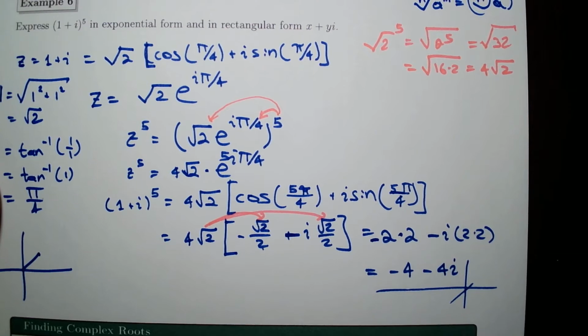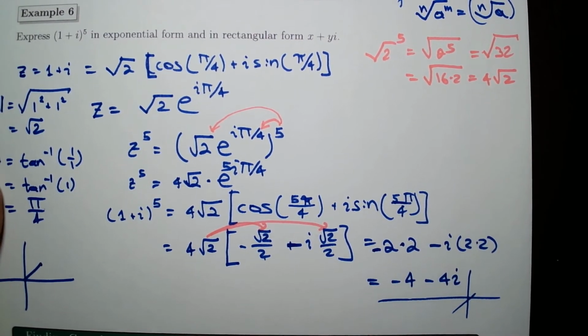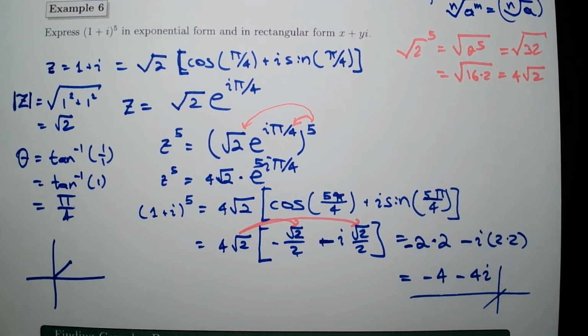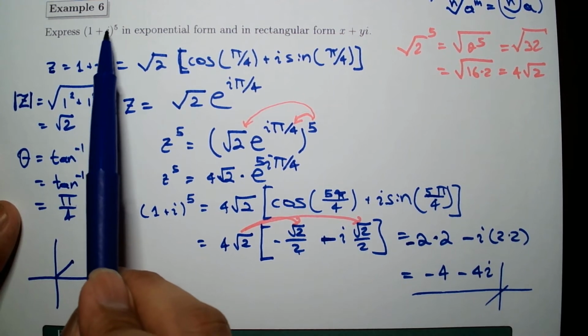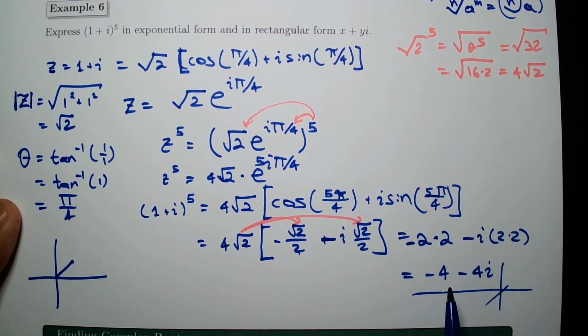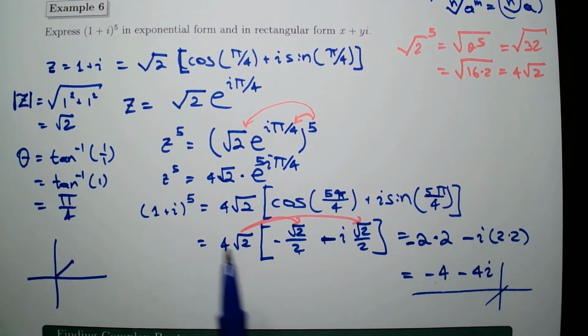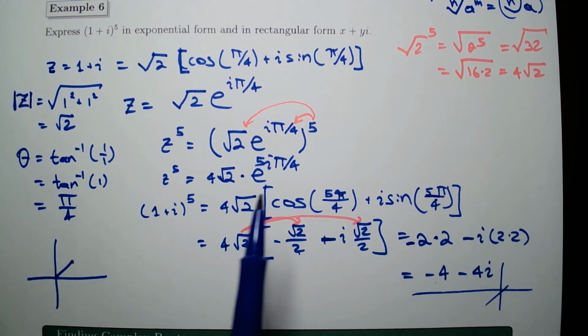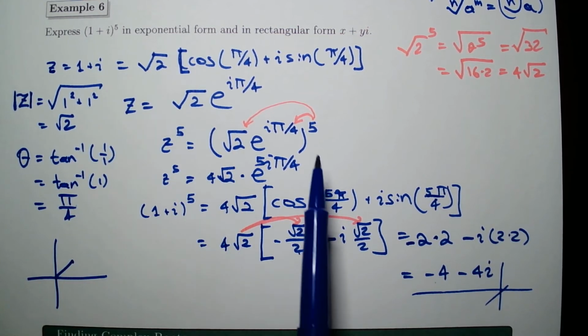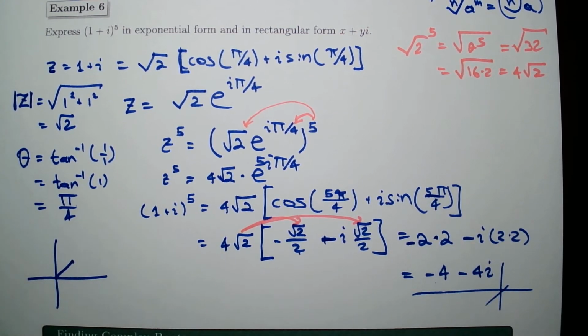If you have some free time, you want to do this by foiling 5 times, you should get negative 4 minus 4i. But in the meantime, we are using De Moivre's theorem in order to raise powers of complex numbers in a way shorter way.